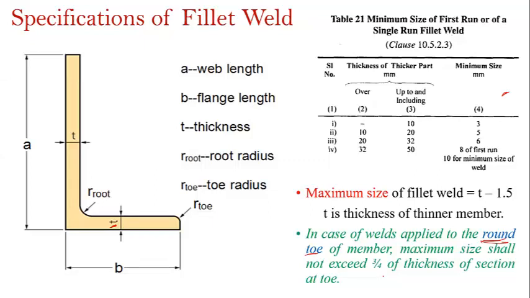So this is regarding the size of the fillet welds. This is the first specification. The second specification is throat thickness or effective throat thickness, which is denoted with the symbol T suffix T or TT. The details regarding the effective throat thickness are provided in clause 10.5.3 of IS 800:2007.